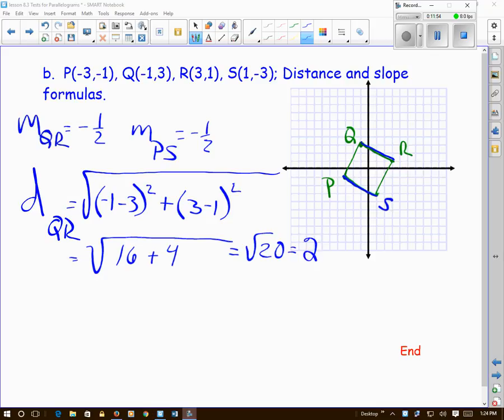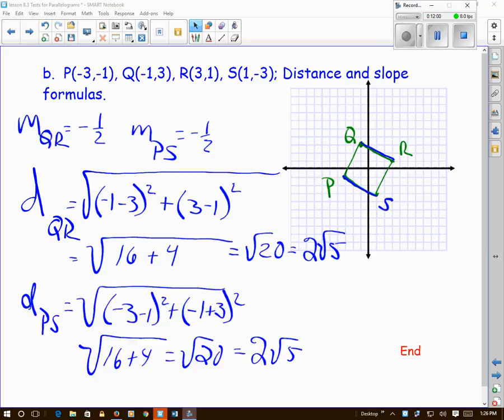So 2 radical 5 for the length of QR. And plugging in the values to the distance formula to find distance from P to S, that also works out to 2 square root of 5. So we have one pair of sides that are both parallel and congruent. Therefore, the quadrilateral is a parallelogram.